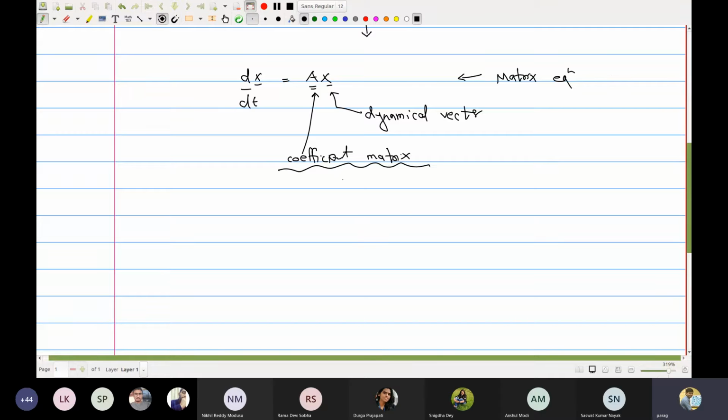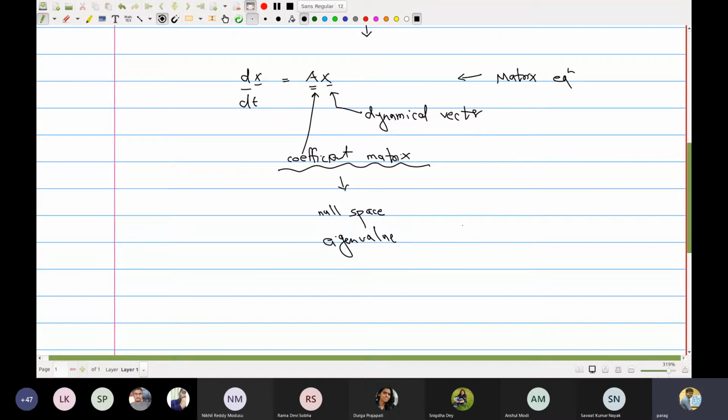You used to determine the null space for determining the equilibrium solutions. You used to determine the eigenvalues for your analysis of stability of the system, right? So having a look at the coefficient matrix would tell you everything about the dynamics of the system. As simple as that, right?